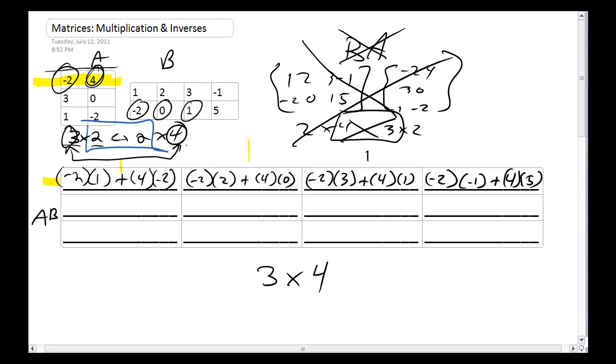Now let me erase some of this so I've got room to see what's going on. Alright, now I'm getting ready to go into the second row.